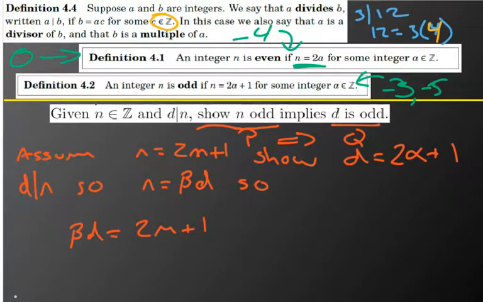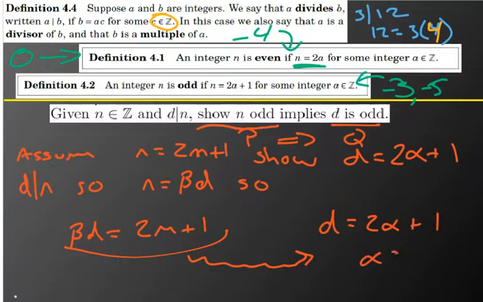But what would be tricky is, how am I going to take this and do some math there and conclude that D equals 2 times something plus 1 for something in Z? And this is an example of something that's really easy if you just do contrapositive.